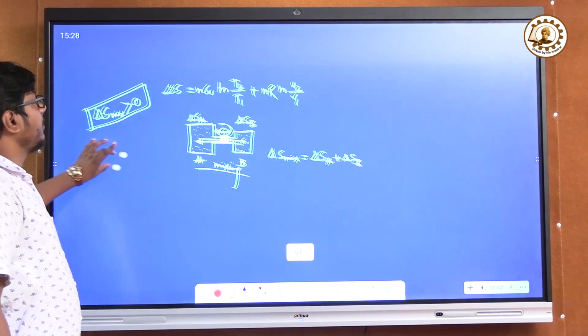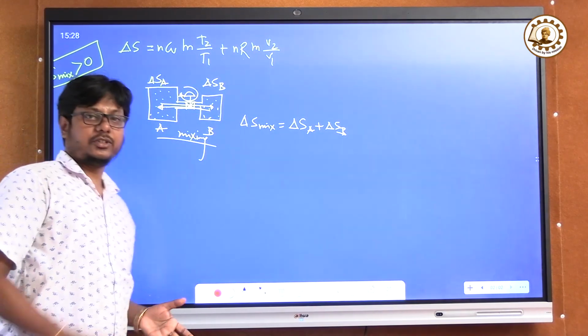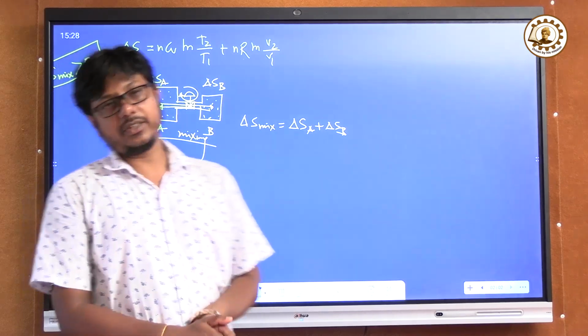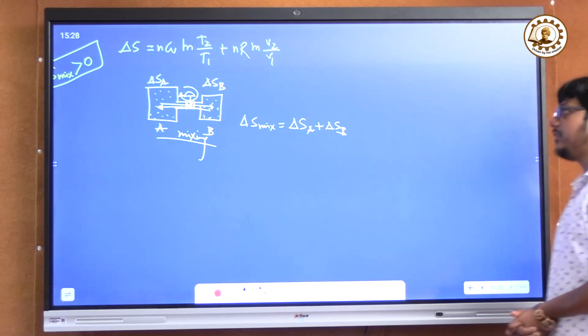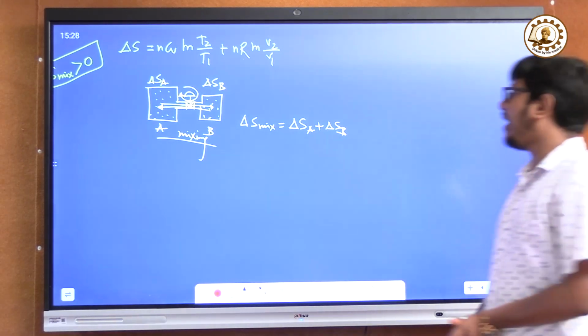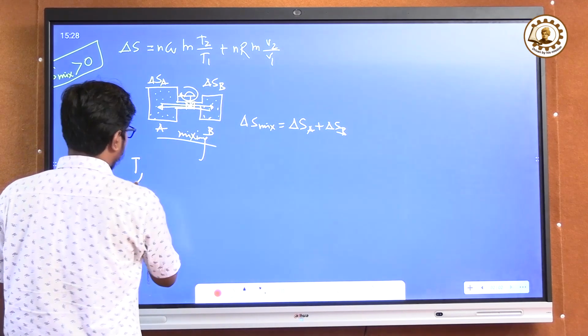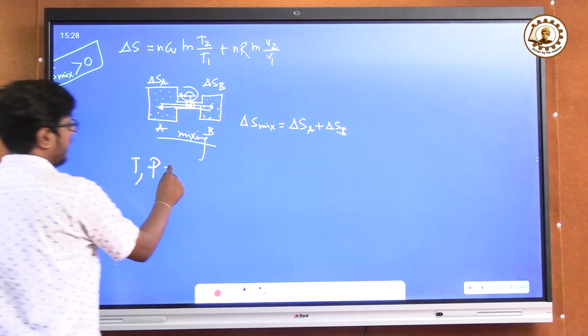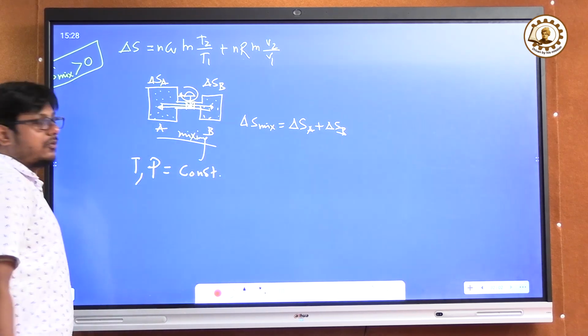Now here we have to assume that only the volume has changed. The temperature and the pressure of the two gases remain constant. So what are the two assumptions? One is temperature and another is pressure equal to constant.